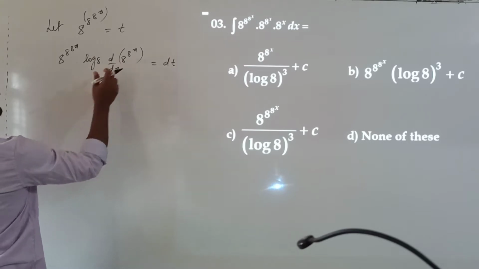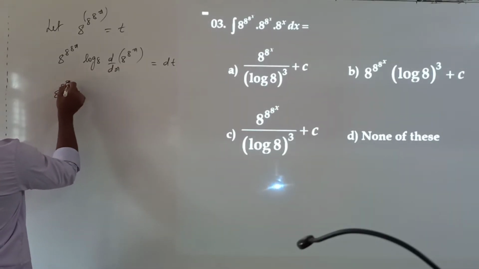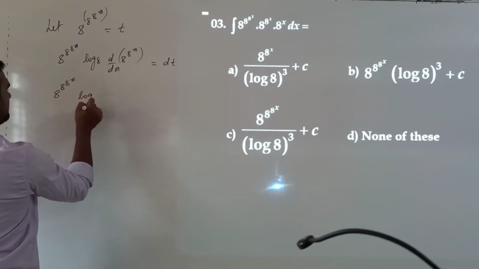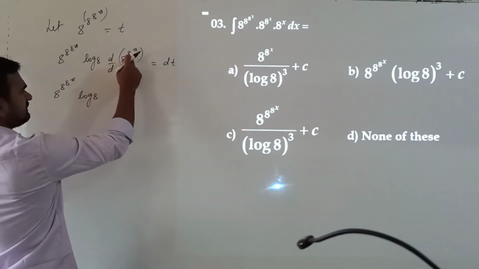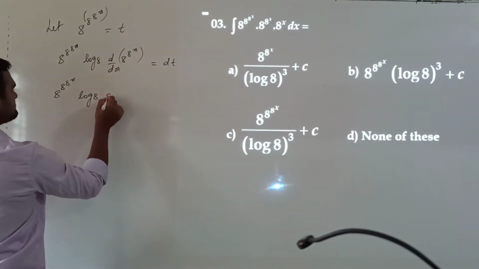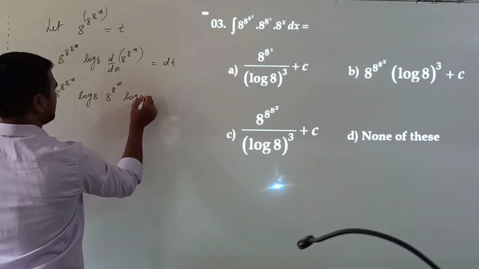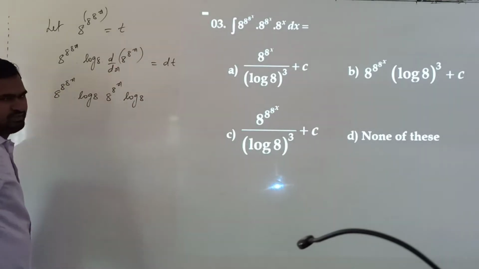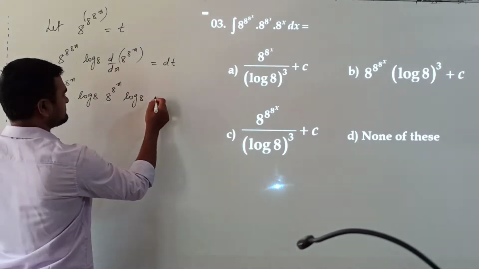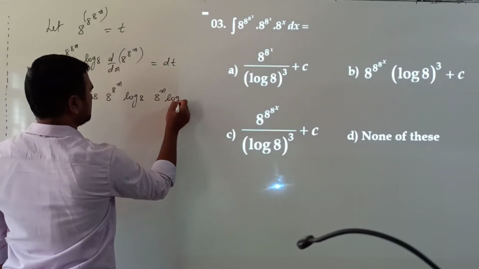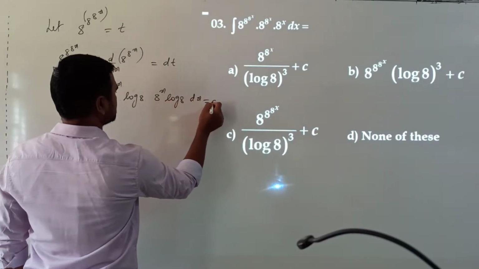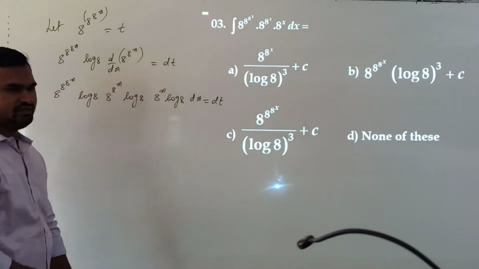Again differentiate: 8 power 8 power x into log 8 into the derivative of 8 power 8 power x. Again it is 8 power 8 power x into log 8 into the derivative of 8 power x. Again we can write 8 power x into log 8 dx, equal to dt.